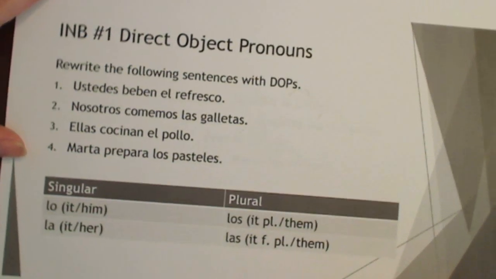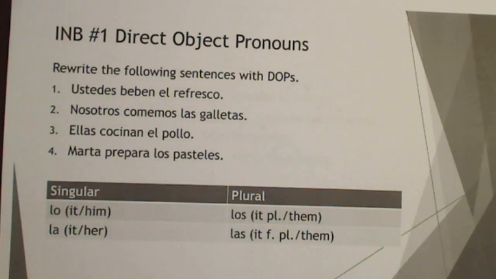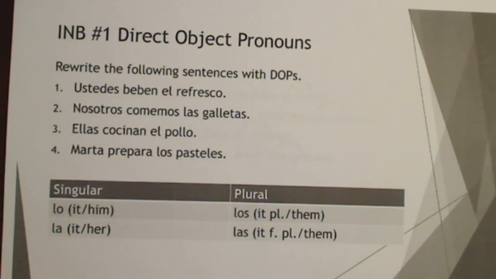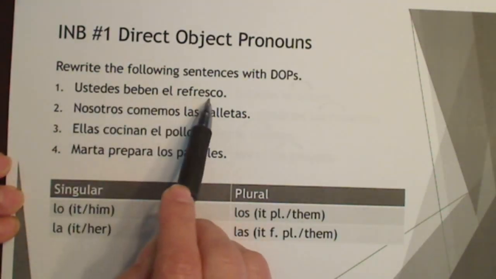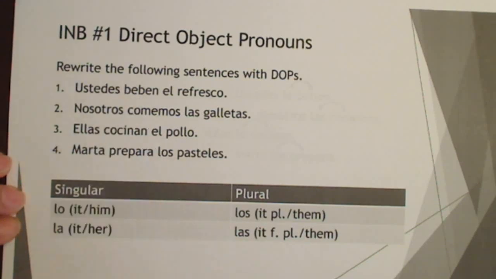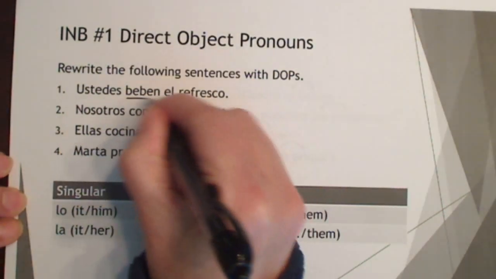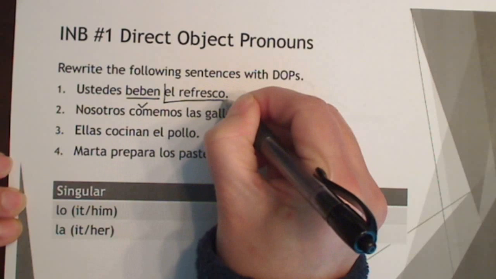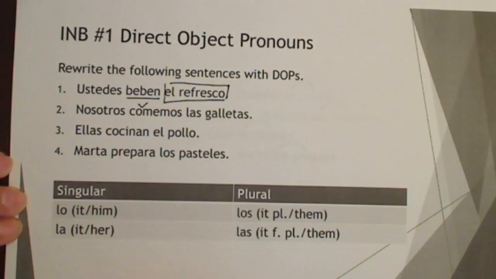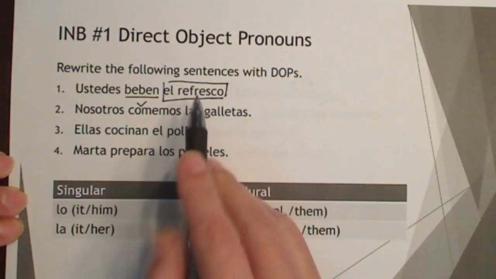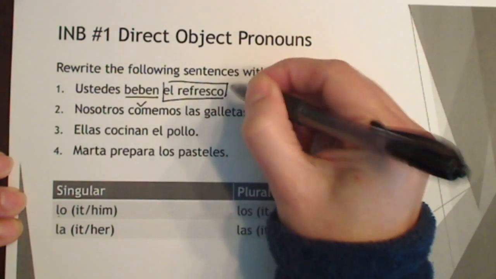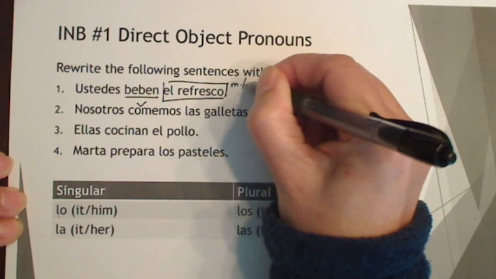Now, we're going to do the exercise. Let's see if we can rewrite these sentences doing it this way. Okay? So you all drink the soda. Ustedes beben el refresco. What do you all drink? The soda. So I need the DOP that replaces el refresco, okay, which would be lo, because refresco is masculine and singular.